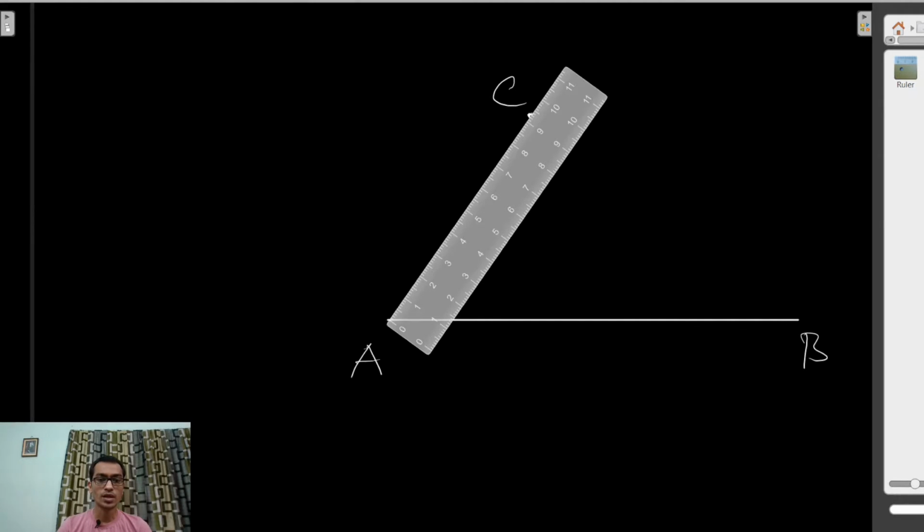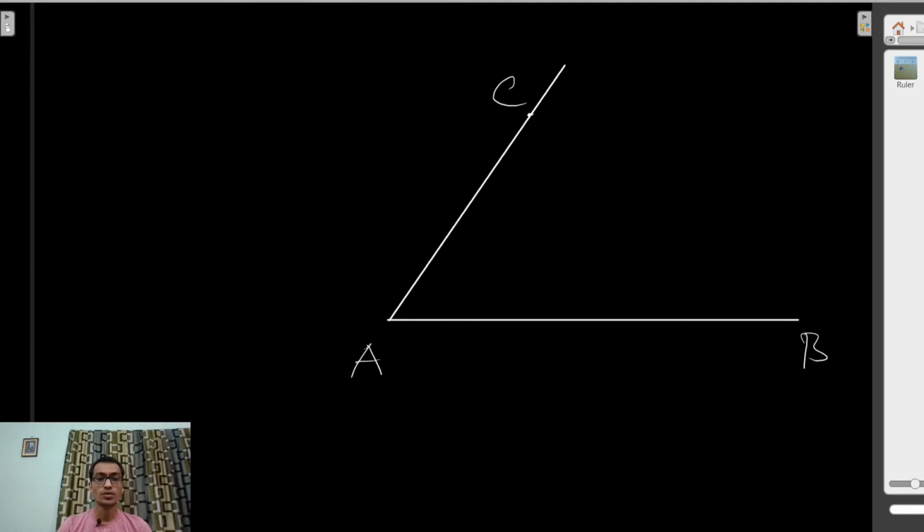Now we are going to join A and C. Okay, we are done. Here this is our angle which is of measurement 55 degrees.